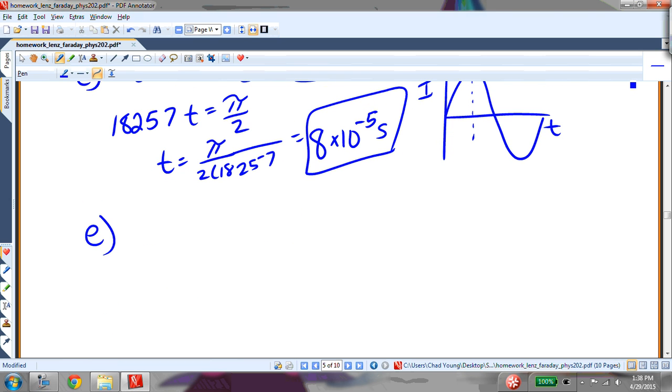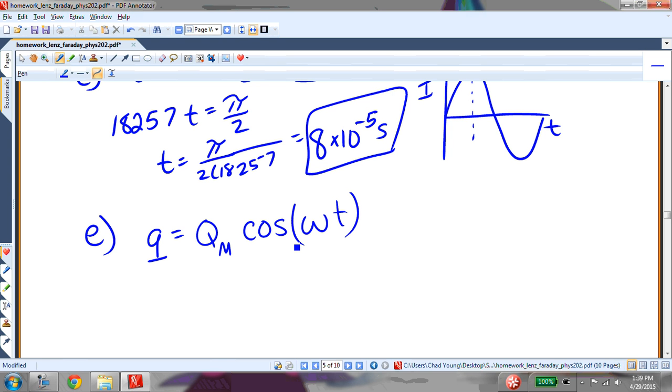If I want to know what is the charge, well, the charge is equal to the maximum charge, which I've already found, that's that 12 microcoulombs times the cosine of omega t. Remember, the energies are going to switch back and forth. So when the inductor energy is at its maximum, that means that the capacitor energy is at its minimum, or 0 rather.